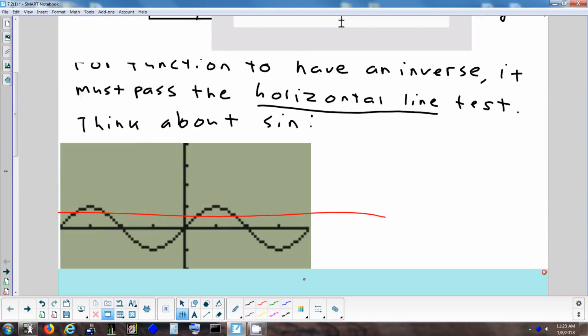If you keep drawing that wave forever, it's going to hit it infinitely many times. Well, that means that the graph of sine fails the horizontal line test, and that means that it does not have an inverse, if we think about the entire picture. But we know that's not true. We know sine has an inverse. We talked about it last time.